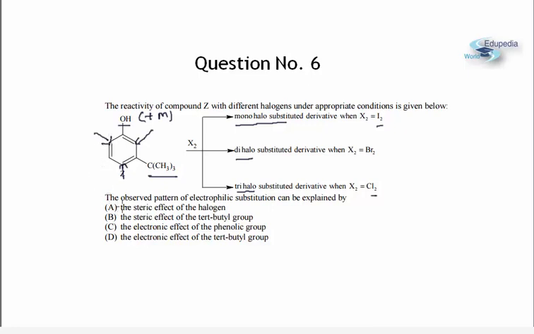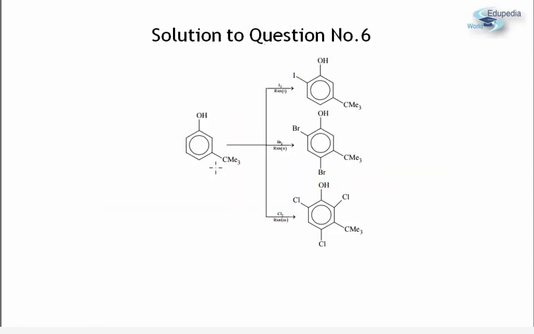Fine. Now apart from this fact, we also need to consider the steric factors. When your incoming halogen is iodine, let me take you to the products. When the incoming halogen is I2, it will only be substituted at this particular position. Why not at this position?